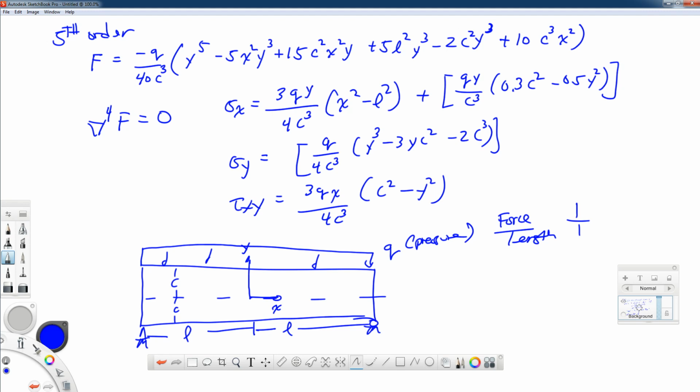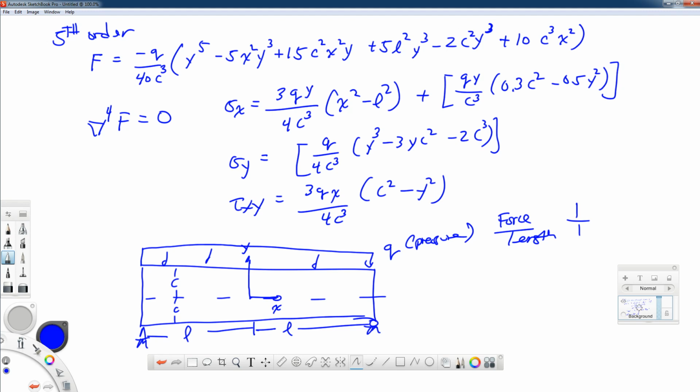You can see that the stresses on the surfaces vanish, other than the top where we have that traction Q.